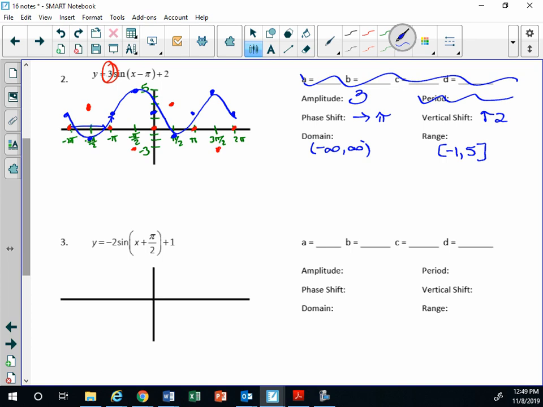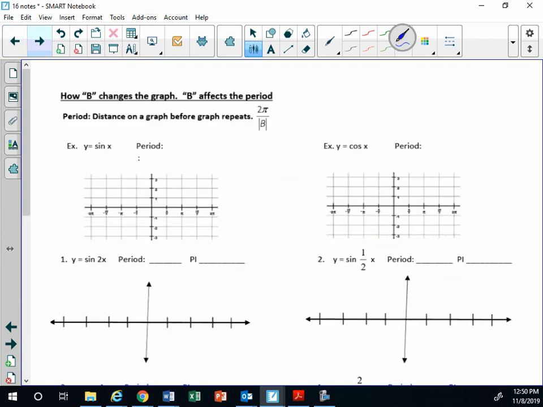I know some of you are still working. Alright guys, when you're ready then, let's flip back to this page.